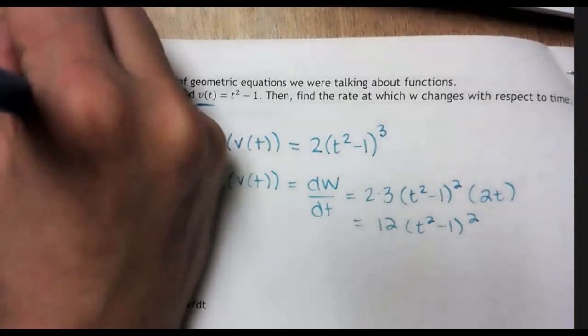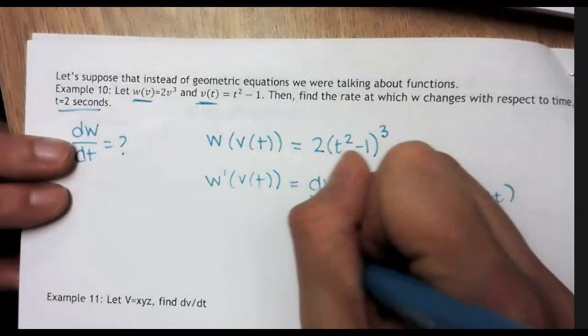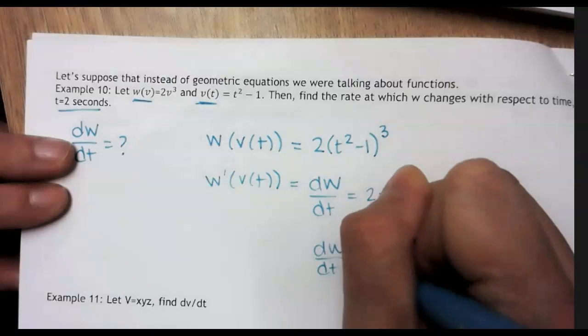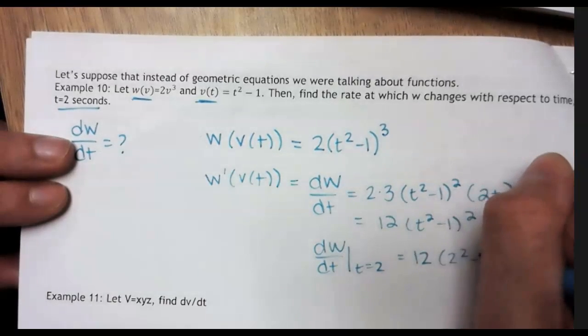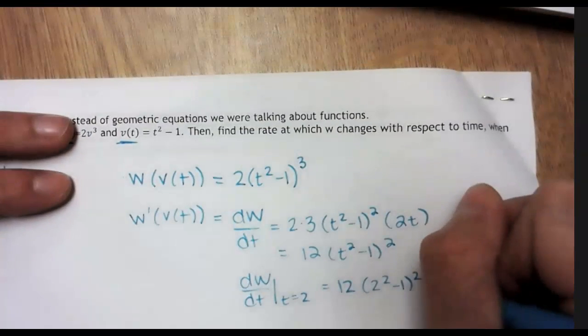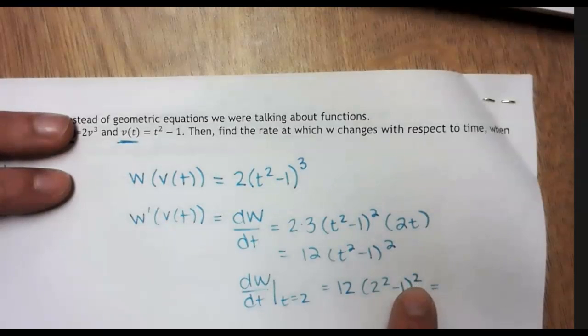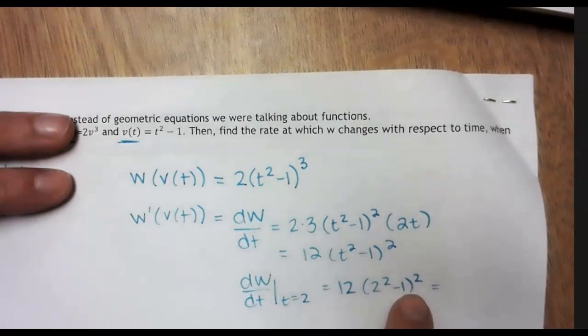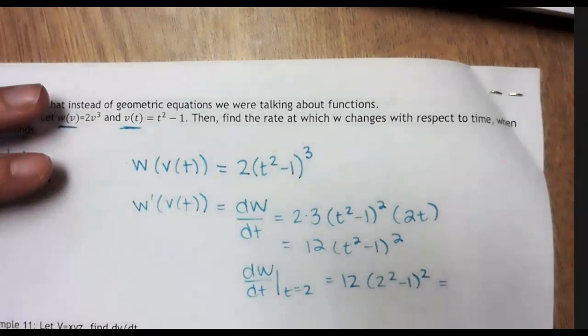And we want to find this at 2 seconds. So dw/dt at t of 2 would be equal to 12 times 2 times 2 squared minus 1 squared. So 4 minus 1 is 3. 3 squared is 9. And then 9 times 12.